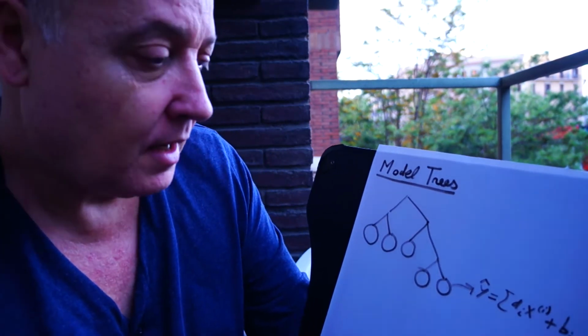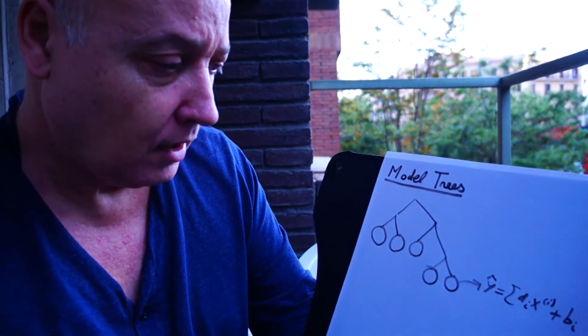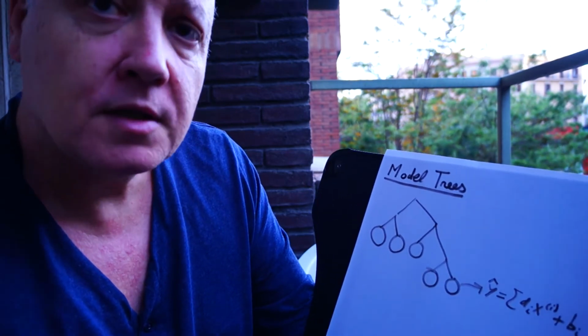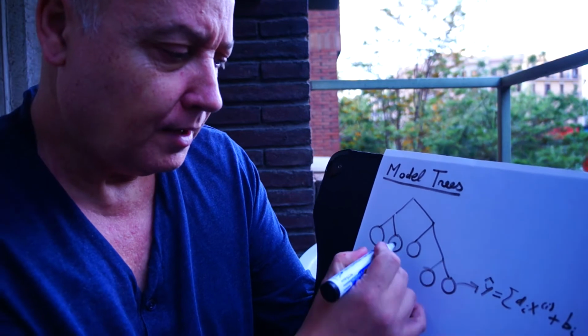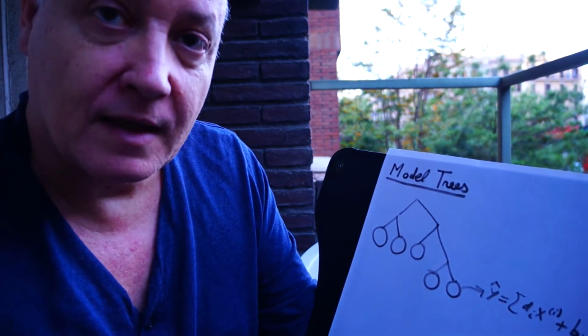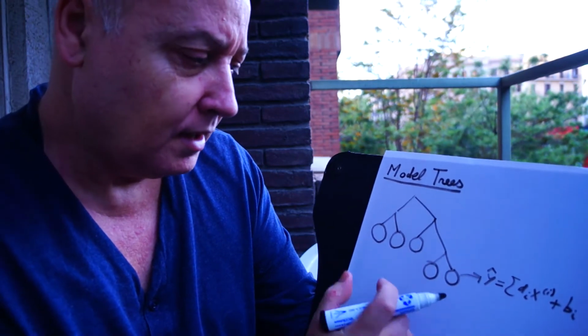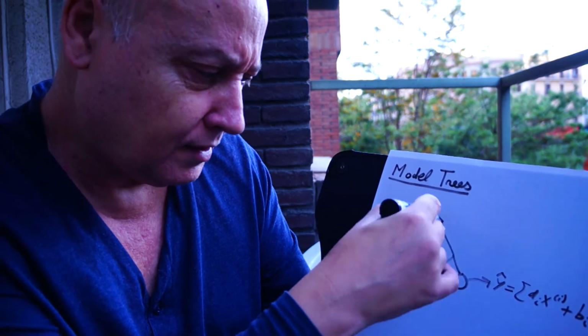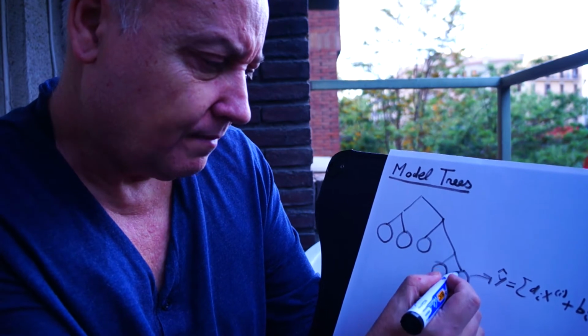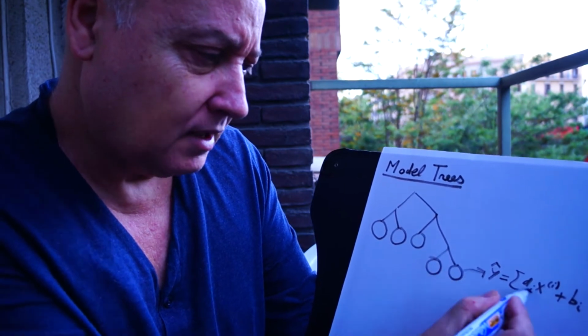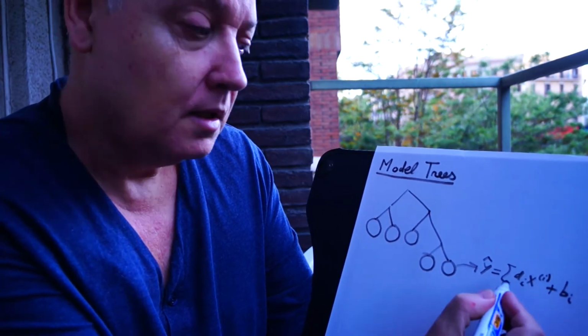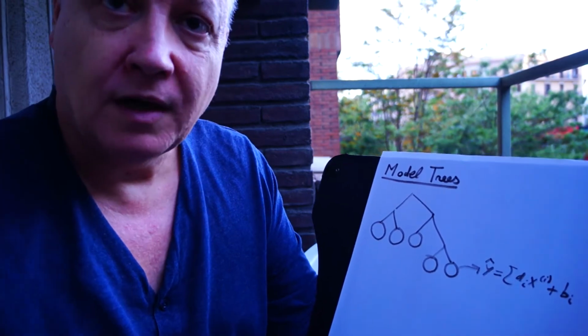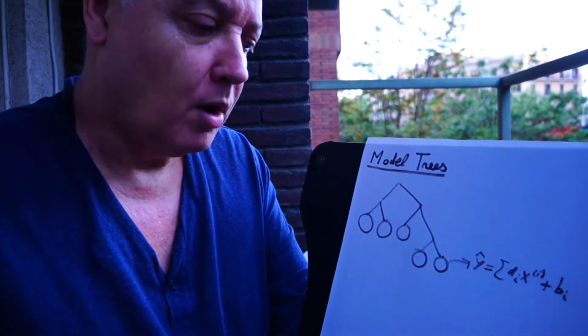So at the end, if the tree is large, you get a lot of models. So you have a model for every leaf, and then the prediction is better than in the regression trees, because not only have you done the partition, but you at every part still have the power of a linear model.